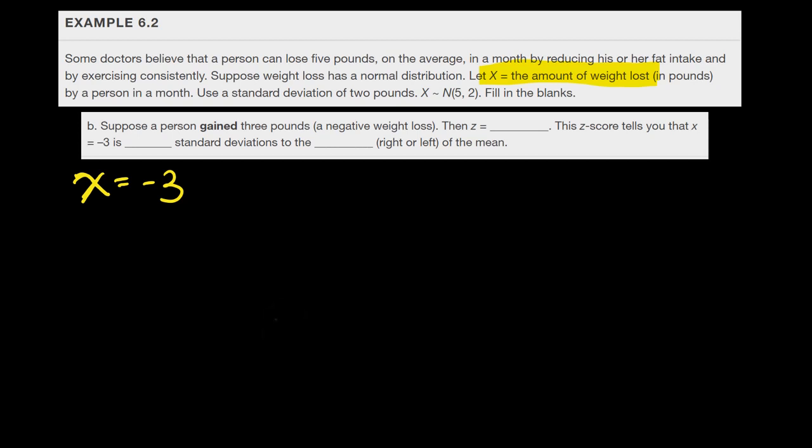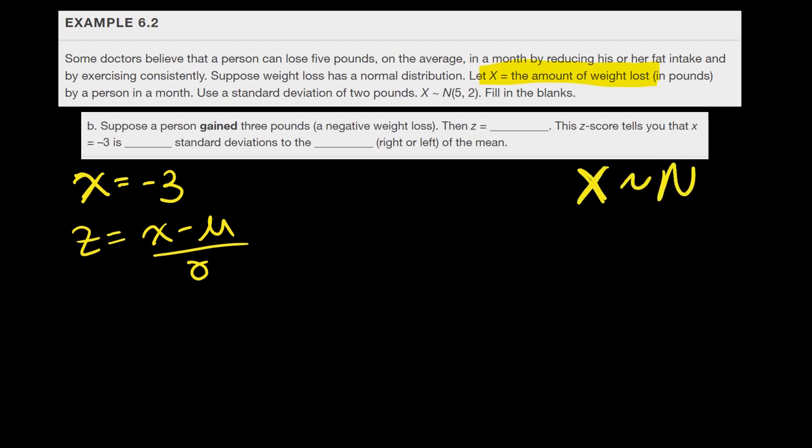So Z equals little x minus mu divided by sigma, right? What is mu and sigma? They told us the standard deviation is 2 and the mean is 5. So remember, x is a random variable that is distributed with mean 5, standard deviation 2. This is mu and this is sigma.